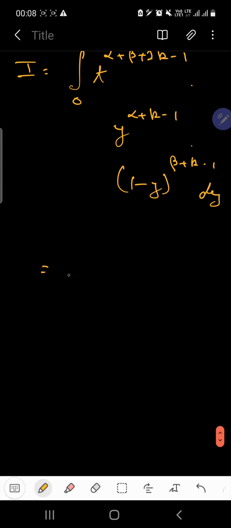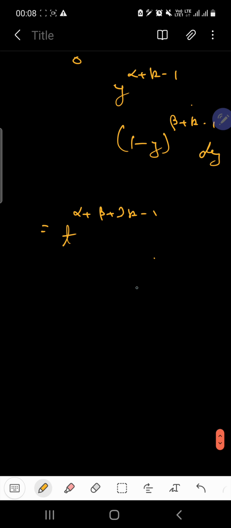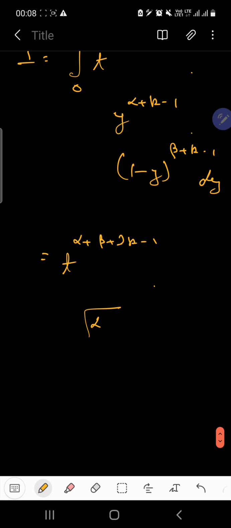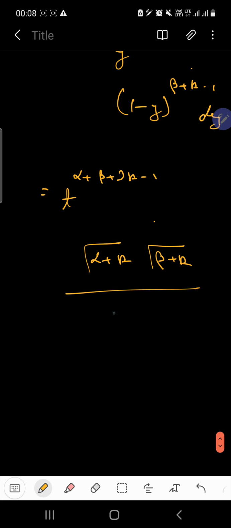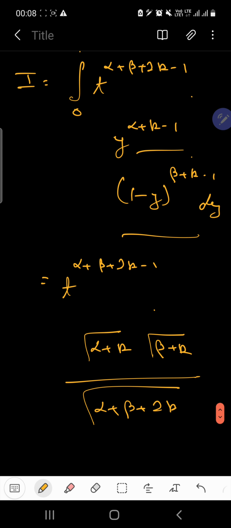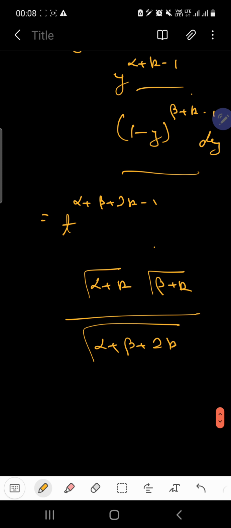So this can be written as, now see, t to the power alpha plus beta plus 2k minus 1 is constant, times, now you can use the gamma function here, so this becomes gamma of alpha plus k times gamma of beta plus k over gamma of alpha plus beta plus 2k. Basically we converted this to the beta function, and from beta we took it to gamma function.